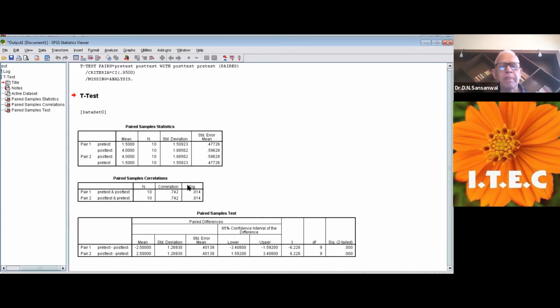Everything is the same. The t-value is coming negative because you have subtracted 4 from 1.5. So 1.5 minus 4 will always be minus, otherwise both values are the same. It is 6.228 and it's also 6.228.